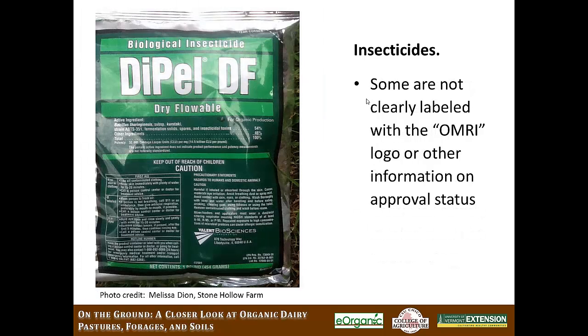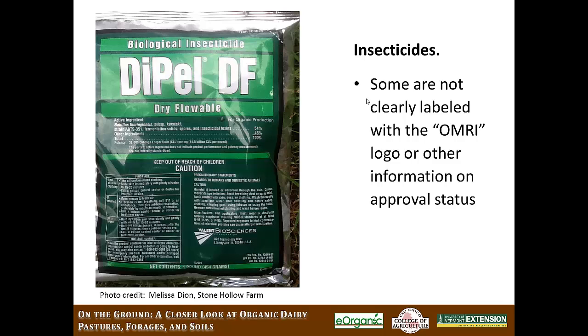Here's a label which is a little harder to tell whether it's going to be allowed for use or not. This is Dipel, and it doesn't have the Omri logo clearly on the front label, but it does say in small print, kind of at the top right there, "for organic production." So you can tell that this is the formulation that this company is intending to get approved for use by organic farmers.